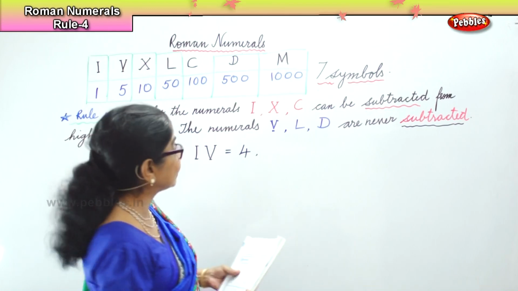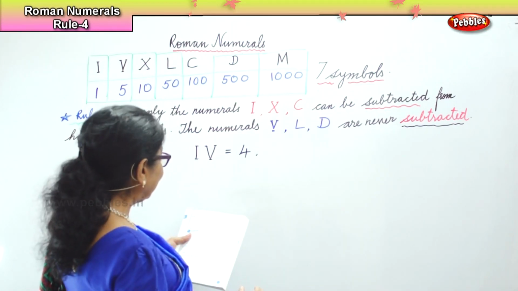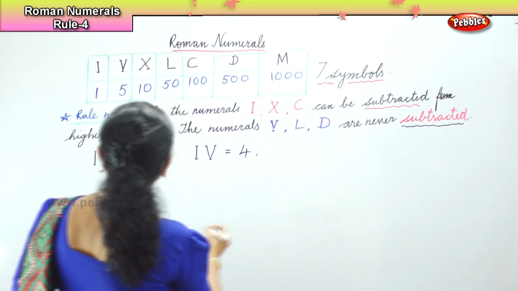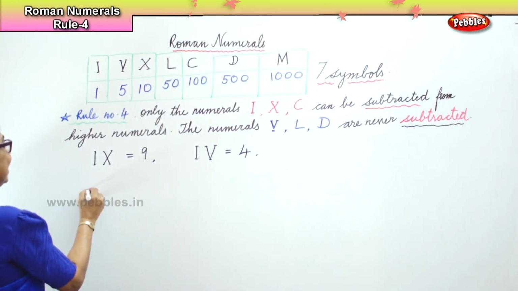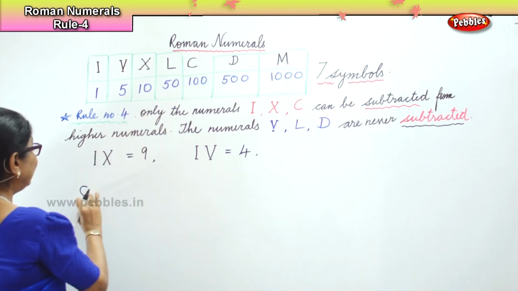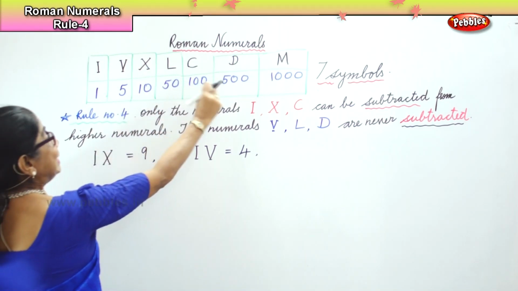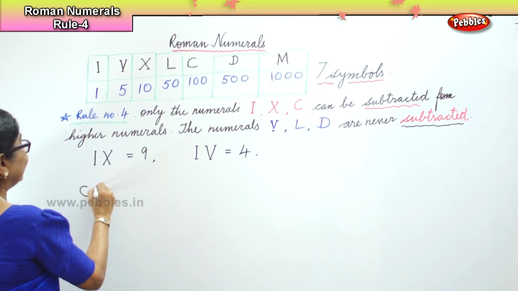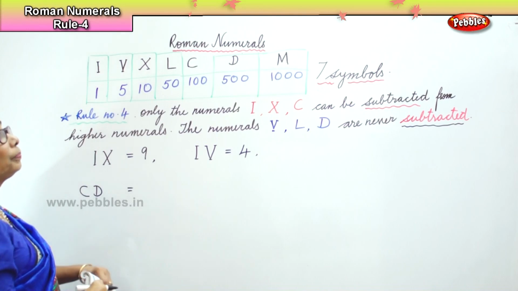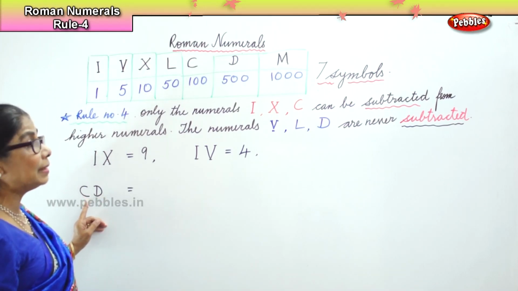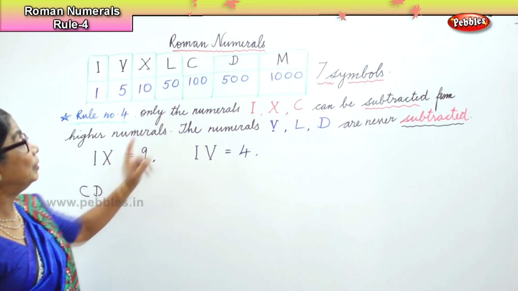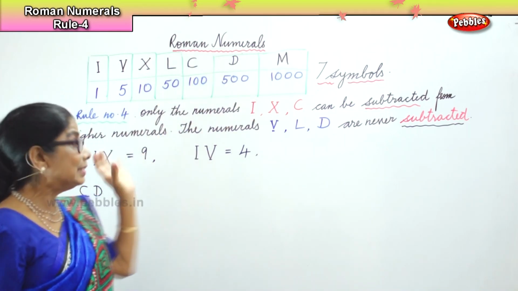Next, we are looking at C and D. I am putting C, which is 100, and D, which is 500. C can be subtracted from the higher numeral D, which is 500.